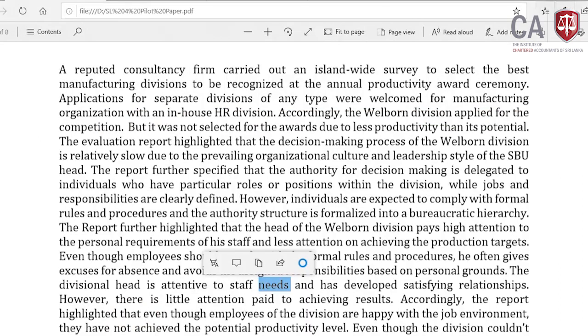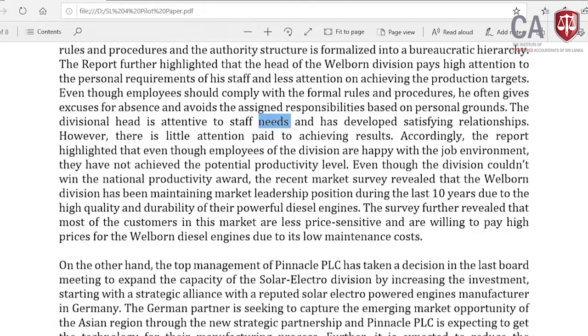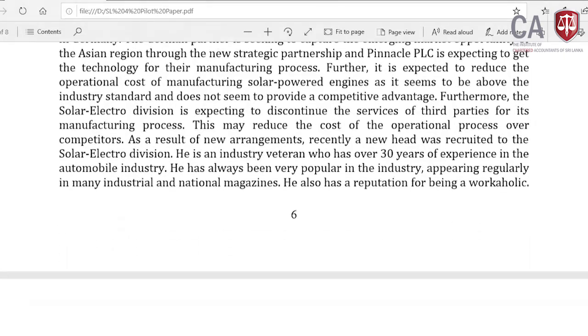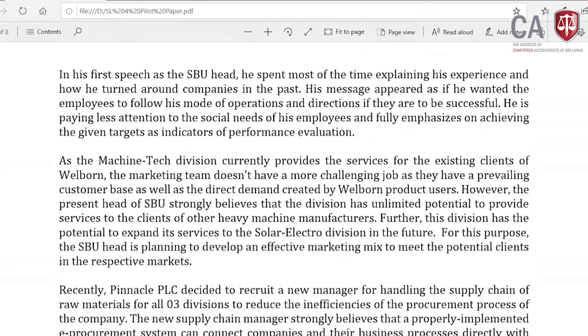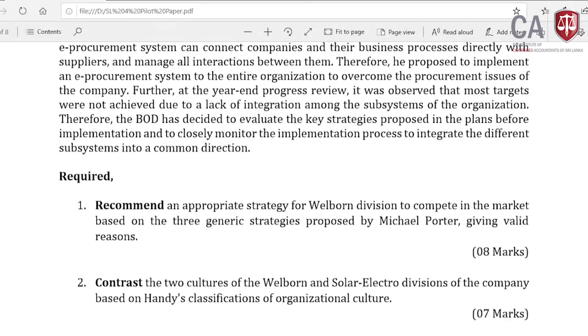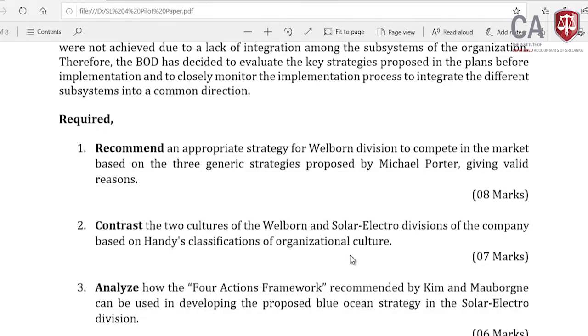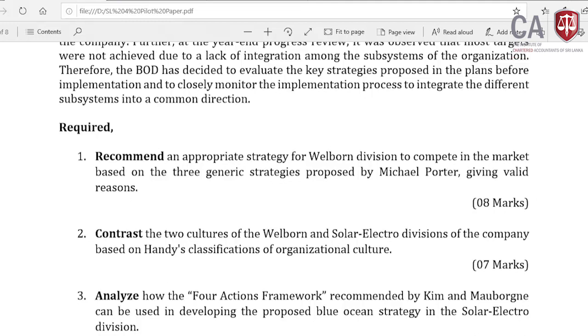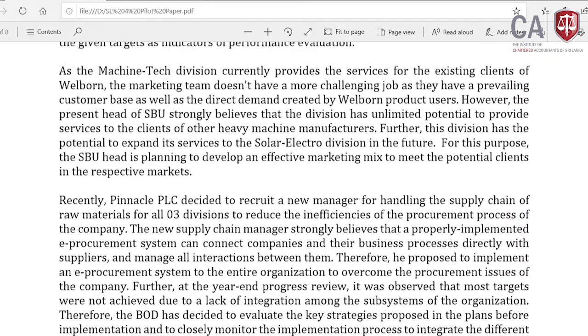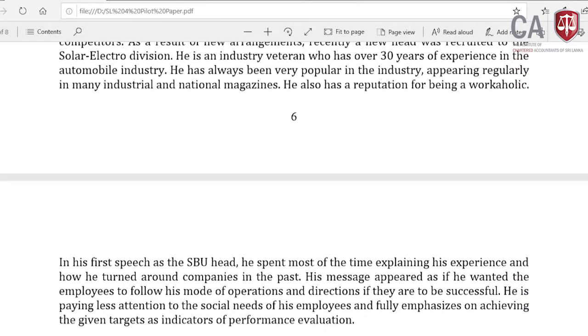If you go to the questions again, now we have information about Well-born. What about the Solar Electro division? Look at the information given about the Solar Electro division. The second para was allocated for that purpose, no?